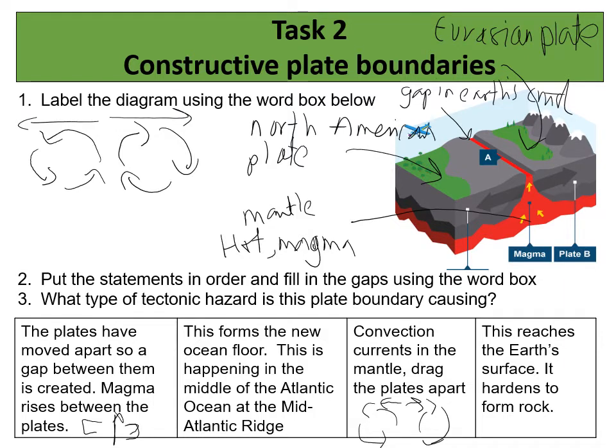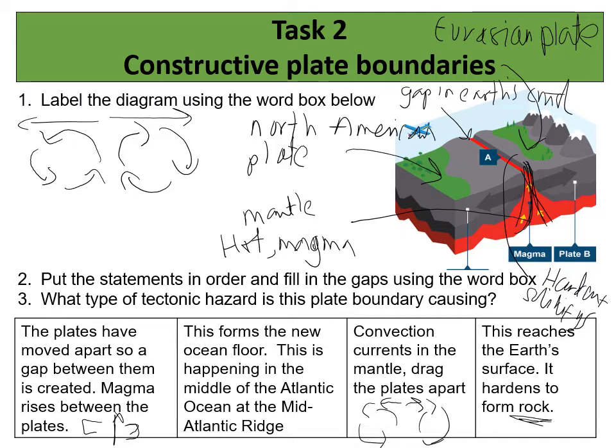So you can see that here, the magma can rise upwards. Now, as it reaches the Earth's surface, it's very cool. So because the temperatures have cooled, that magma will start to harden and solidify. So magma, when it reaches the crust, hardens and solidifies, and it creates new rock.